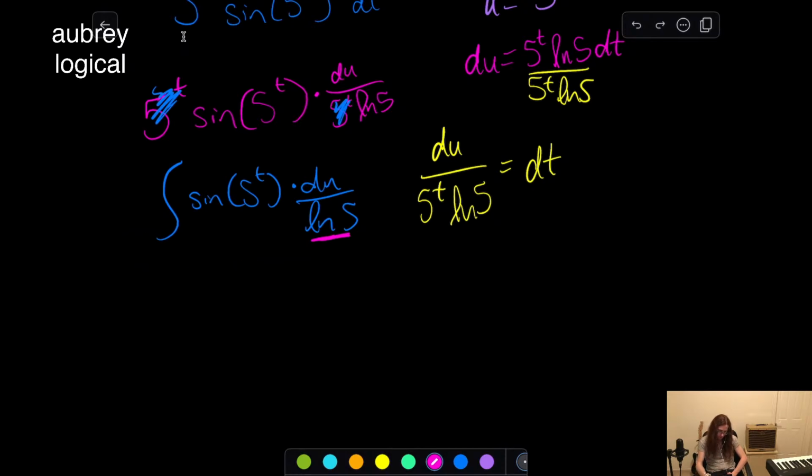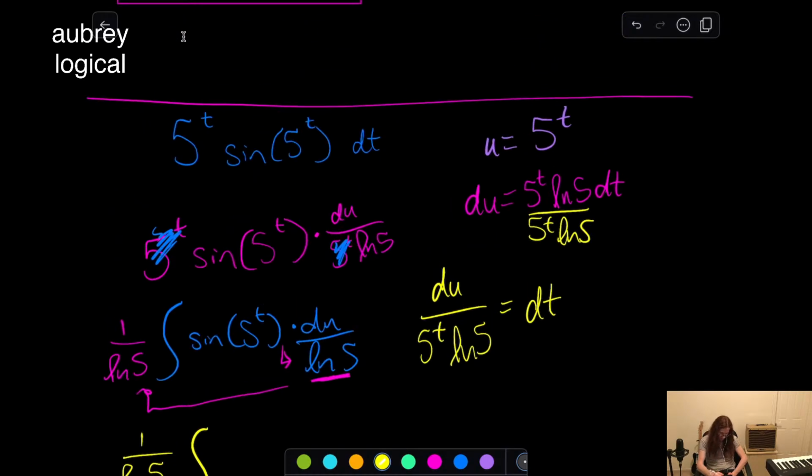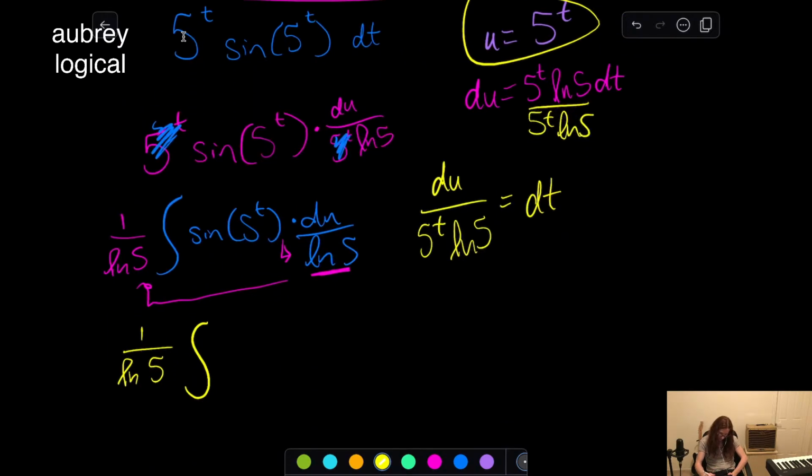And since our ln of 5 is in our denominator, it's going to be 1 over ln of 5 that we're able to bring out front. So we rewrite this as 1 over the ln of 5. And now we can finally switch to u. Sine of u.